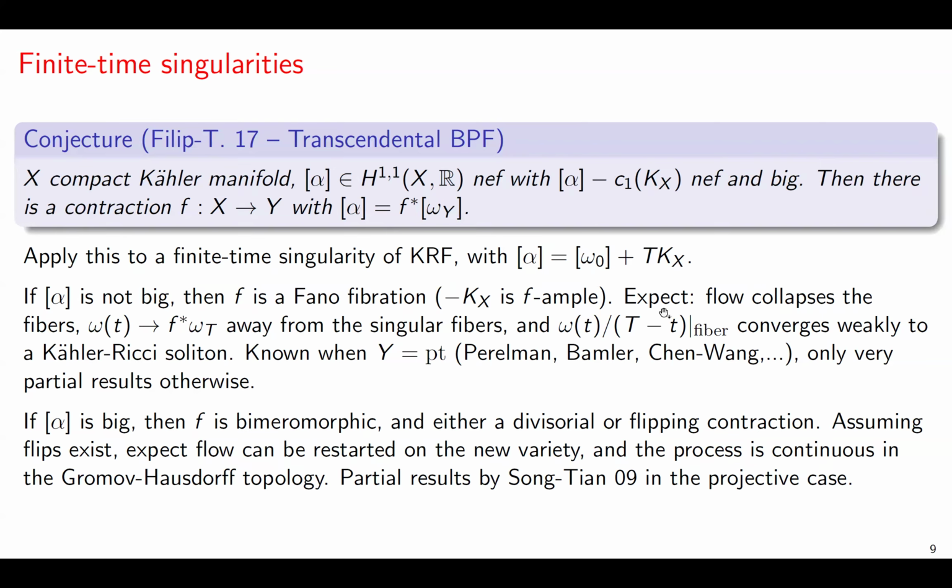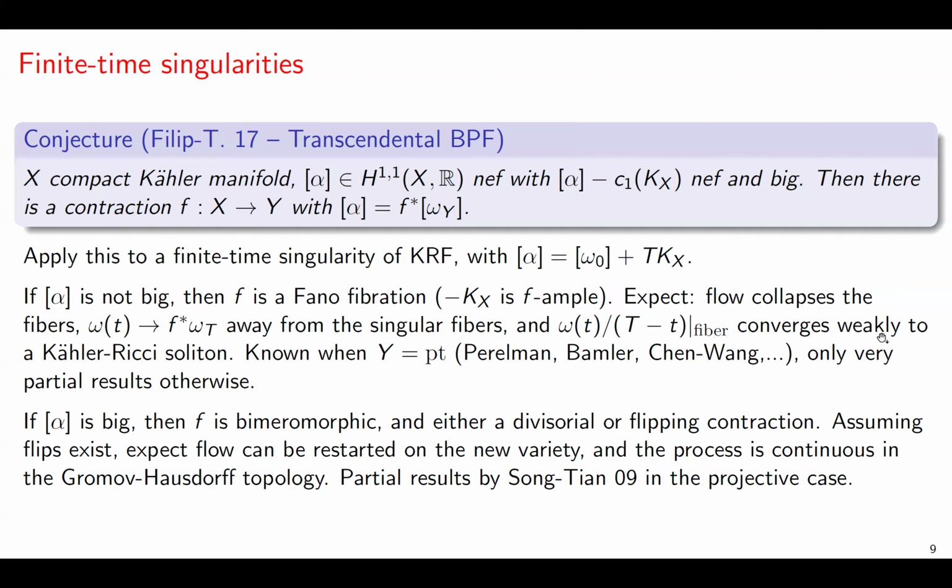And what is expected here is that the flow should collapse these Fano fibers in finite time and converge to the pullback of a Kähler metric from the base of this Fano fibration in a suitable sense, away from the singular fibers. And even more, if you do the same rescaling as before, but you restrict to one of the smooth fibers, you should have, again, suitable convergence to a Kähler-Ricci soliton. So the fibers are all Fano, and you should converge to a soliton here weakly in a suitable sense.